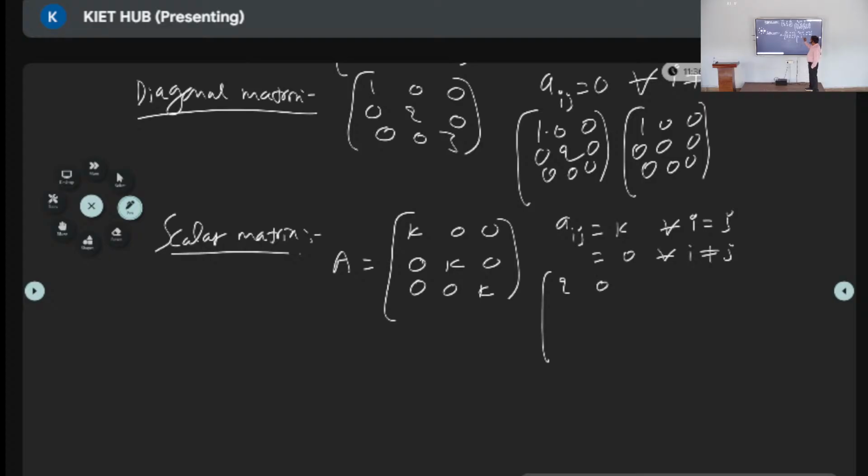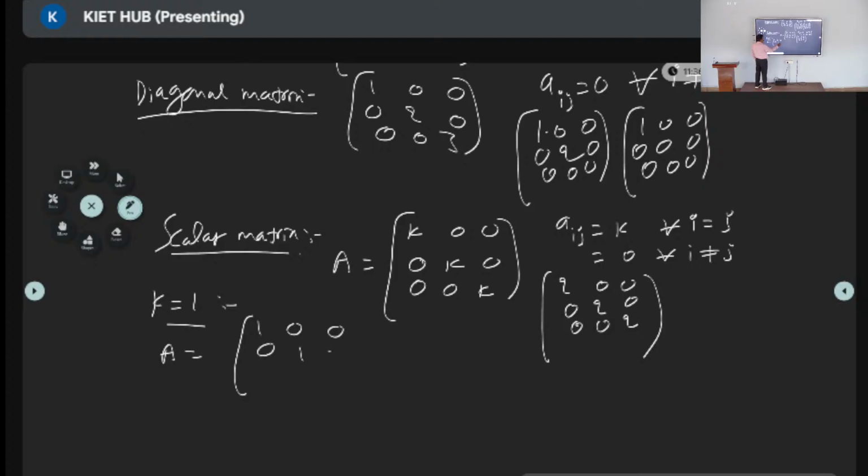2 0 0, 0 2 0, 0 0 2. Is it scalar or not? Scalar. If K is equal to 1, what happens? 1 0 0, 0 1 0, 0 0 1. What is the name of this matrix? Identity matrix. What is another name of the identity matrix? Unit matrix.